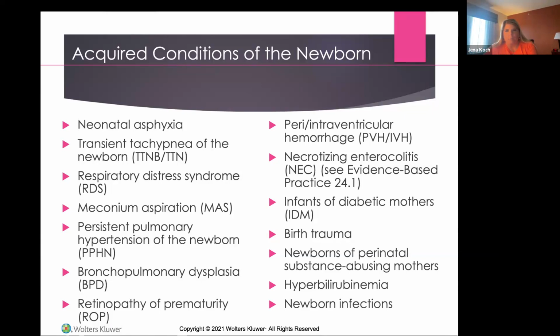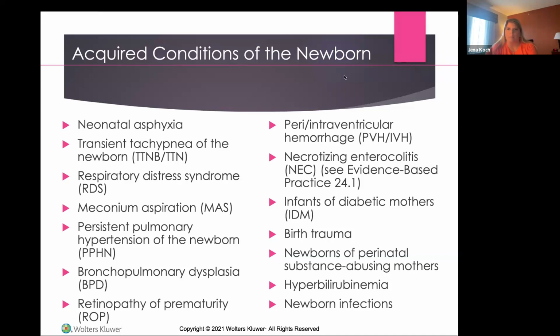Bronchopulmonary dysplasia or BPD. So this is something that you're going to see in like preterm, those infants that are getting mechanically ventilated for a long period of time. Retinopathy of prematurity or ROP. So these are your extremely preterm infants that have had oxygen therapy.